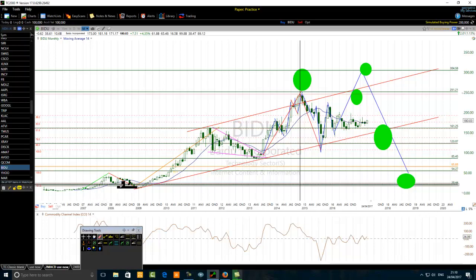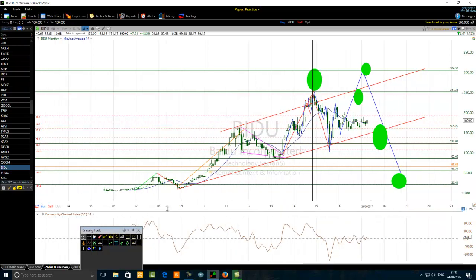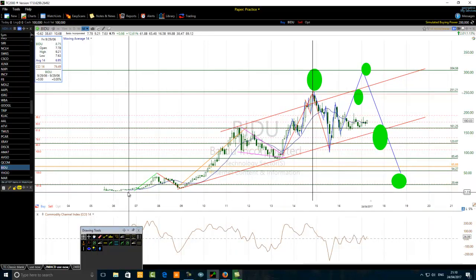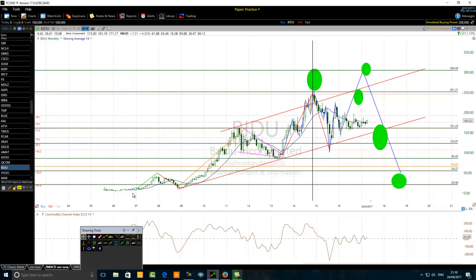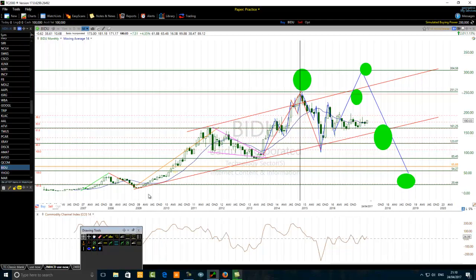You can see here, I still have all my drawing on the chart. This was my first wave, second wave, with a big question mark on it, because it came almost to the beginning of the first wave at that point in time. The financial instrument we are looking at is Baidu, the China Baidu, listed on the New York Stock Exchange.